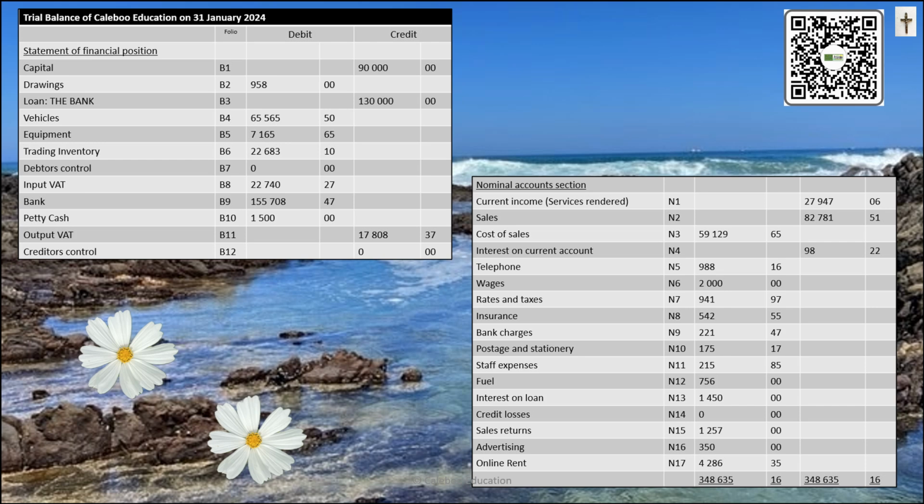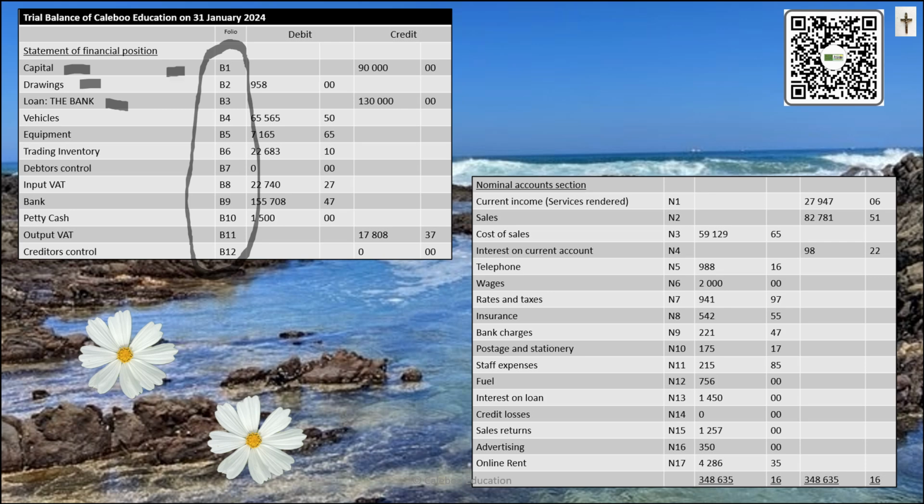But what I want to point out here is just this. These accounts, capital, drawings, they're all B accounts. That B stands for balance sheet, but the name of a balance sheet has changed. It's statement of financial position.